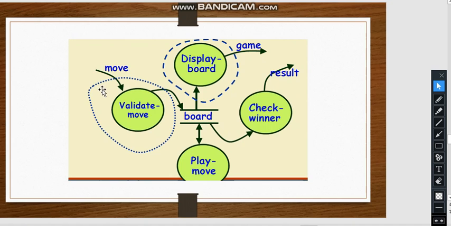There is a move. Then once the move is done by the human being, we validate that move. Then the computer will play its move. The move will be displayed on the board and the result will be checked. So this is your level 1 diagram.